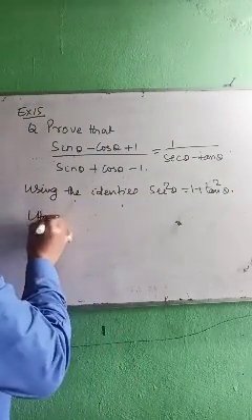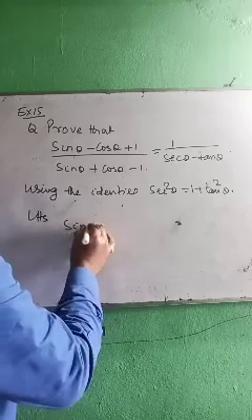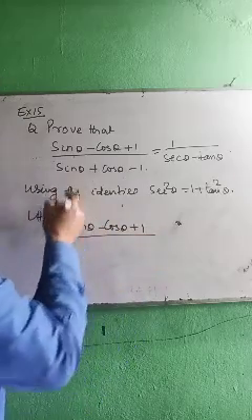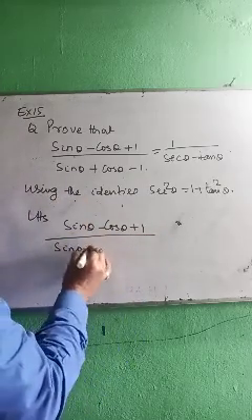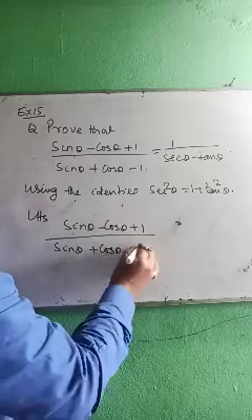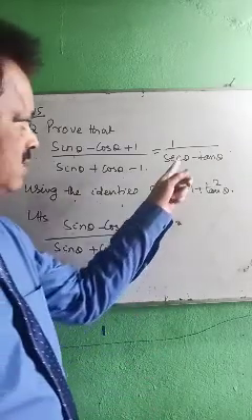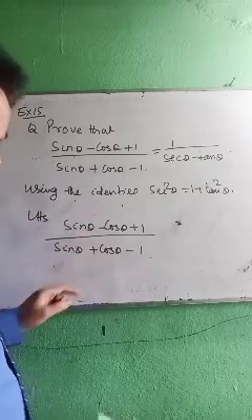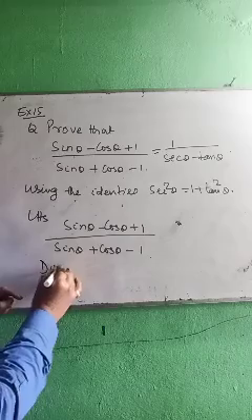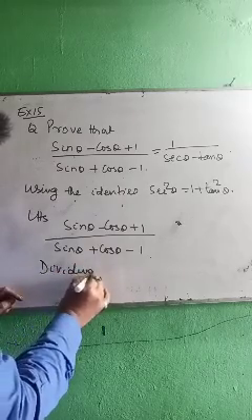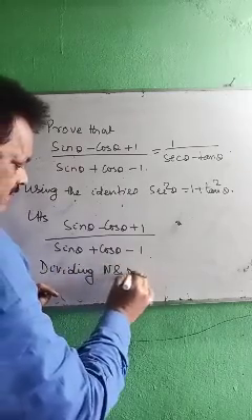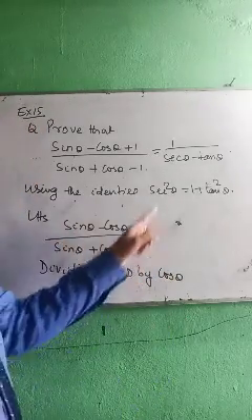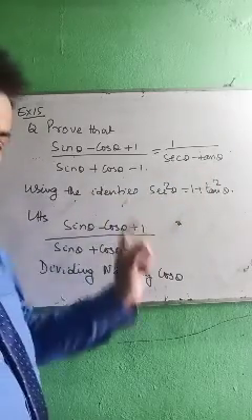Take left hand side: sin theta minus cos theta plus 1 by sin theta plus cos theta minus 1. Okay, how to get sec and tan? Tan means sin divided by cos is tan. So dividing numerator and denominator by cos theta, because sin by cos will be tan and 1 by cos will be sec.